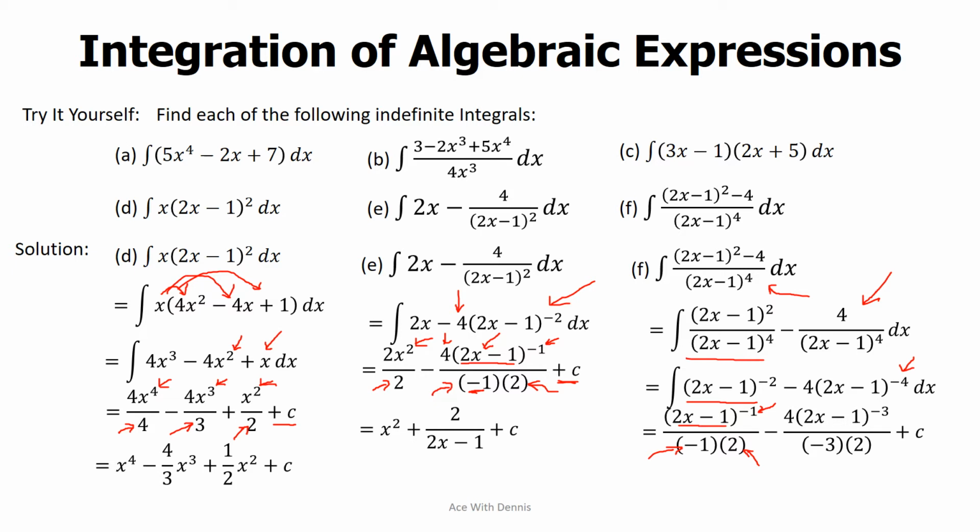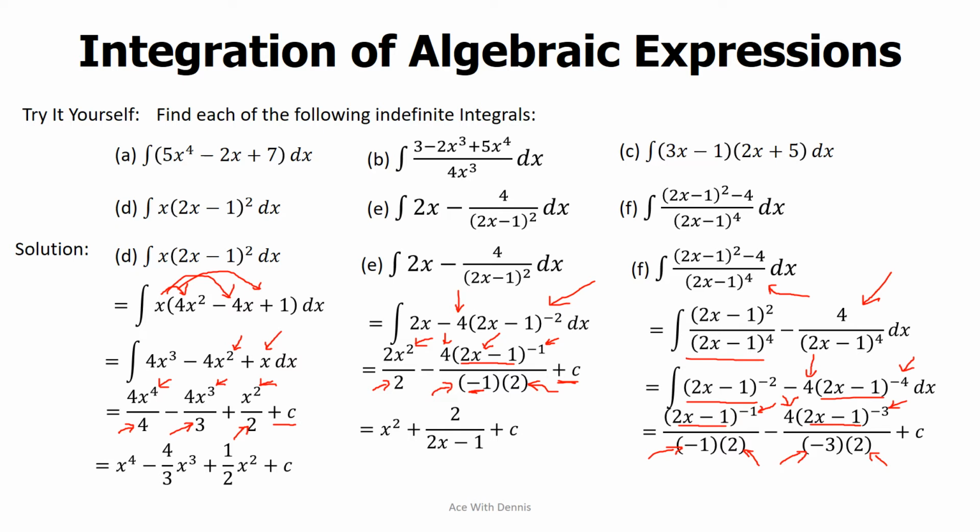Okay, then the next one, the second term, the 4 constant, we copy the 4 here, followed by integrate 2x minus 1 to the power negative 4. So the power plus 1, we get negative 3 here. So 2x minus 1 to the power negative 3. Then negative 3 at the bottom here. Then followed by differentiation of the function inside the bracket. So for this case, we get a 2 and we put at the bottom and plus a c.